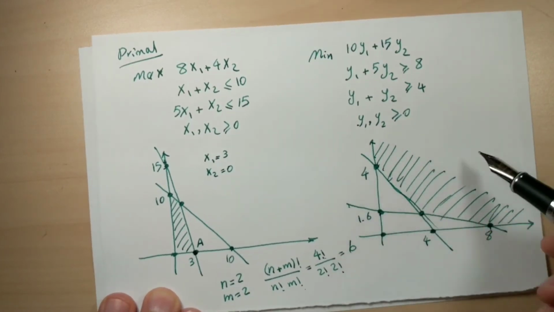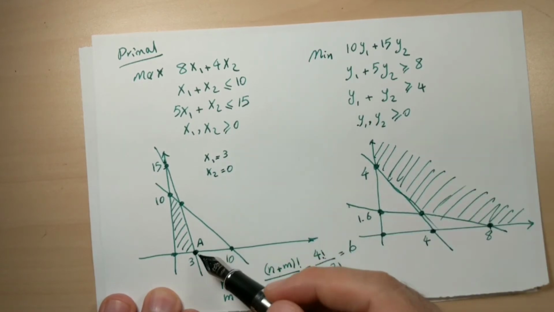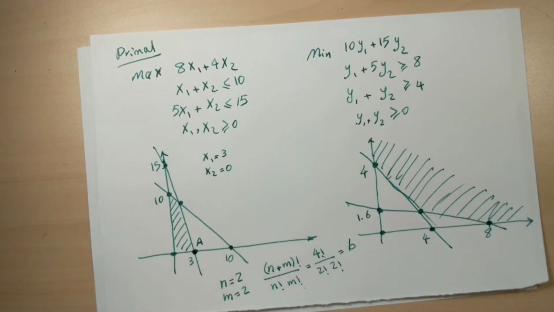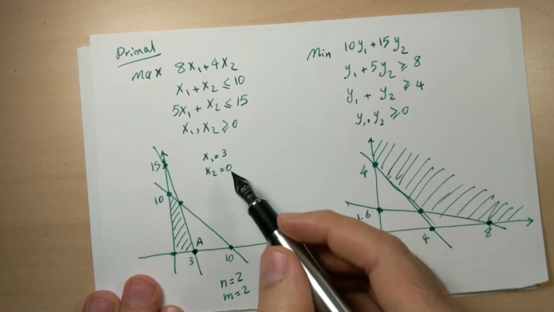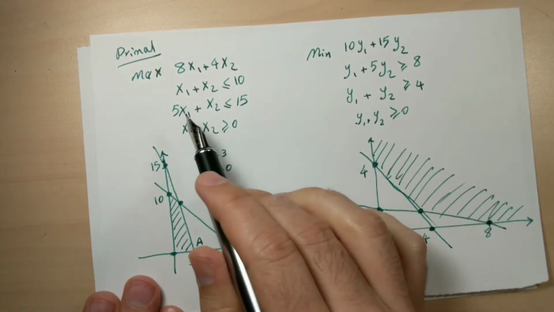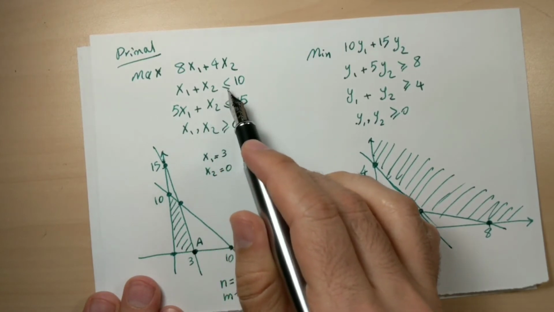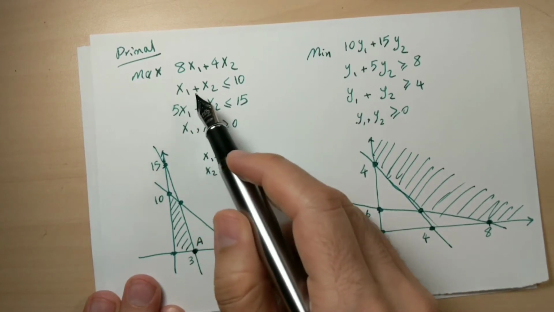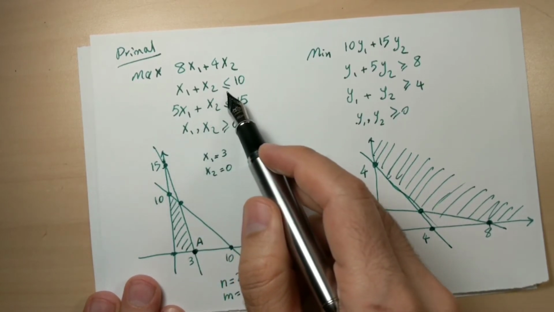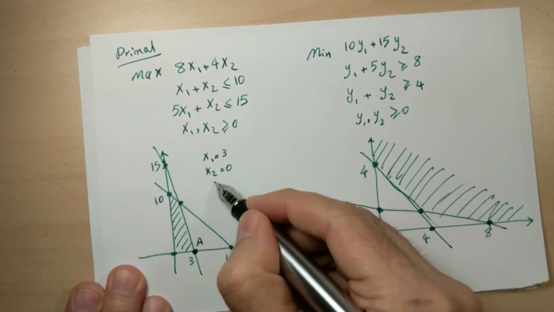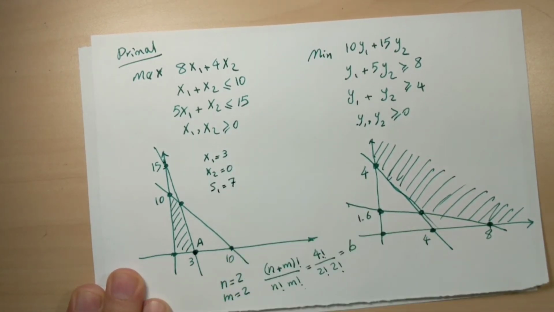Which one of these 6 corner points corresponds to A? For each corner point here, we have a corner point there. x1 is 3, x2 is 0 here. What about s1 and s2? x1 plus x2 plus s1 equals 10. Since x1 is 3, 3 plus 0 plus what will be 10, which is 7. So s1 is 7.